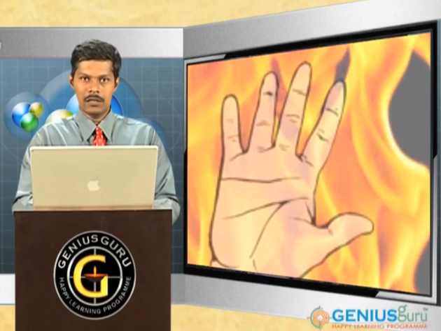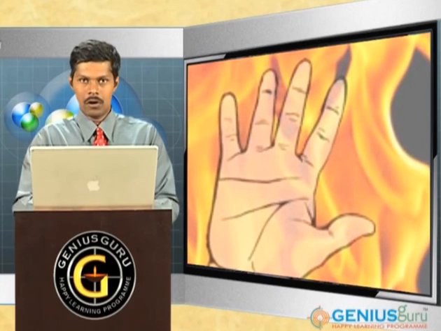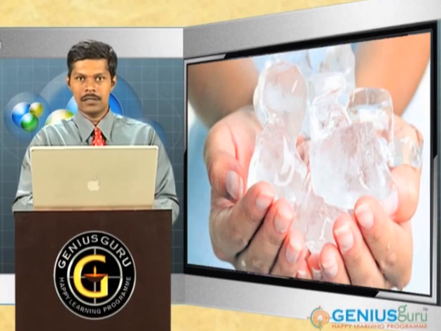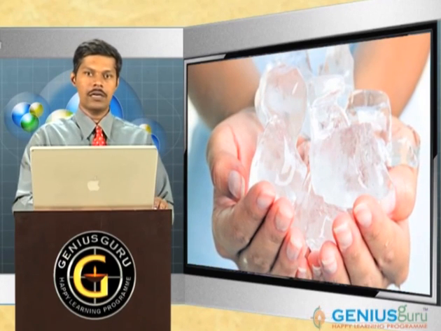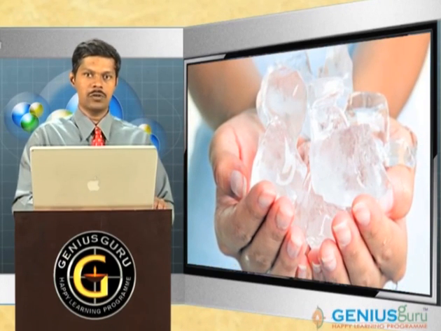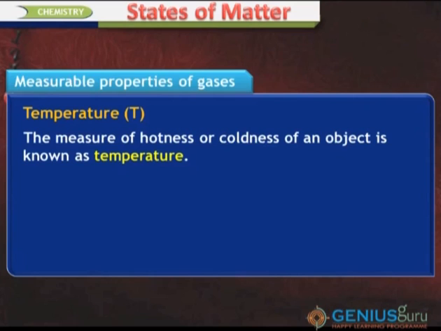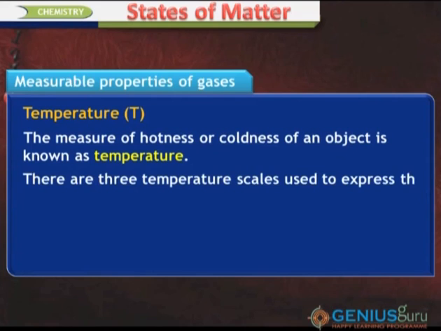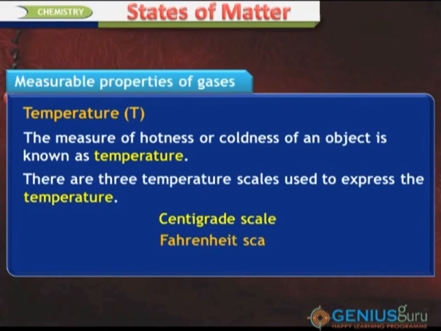So what we are feeling, hotness or coldness, the measure of that is said to be the temperature. There are three different temperature scales used to measure temperature: the centigrade scale, Fahrenheit scale and Kelvin scale. By using these three scales, we can measure the temperature.